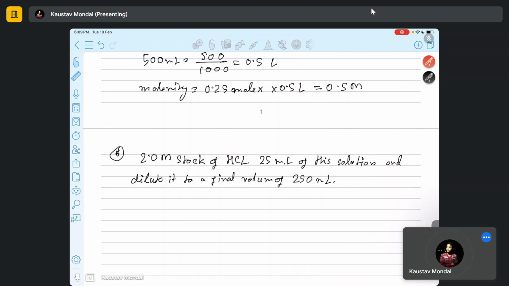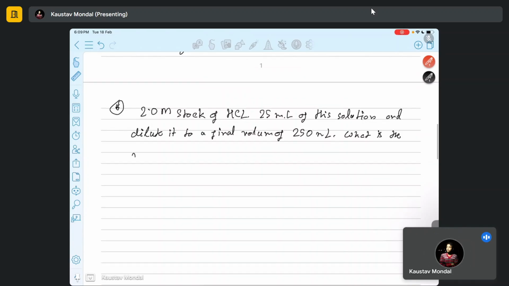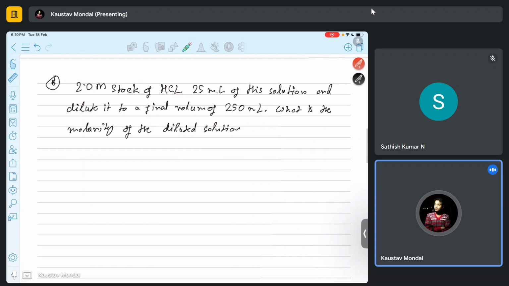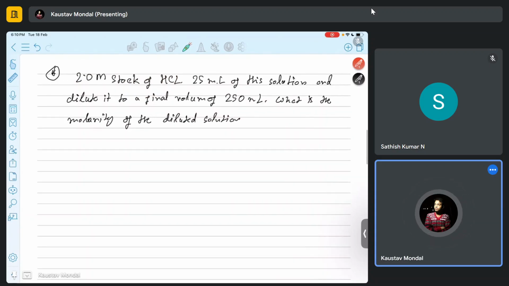Now what is the molarity of the diluted solution? So basically you first prepare a 2 m stock of HCl solution of 25 ml, and after that you mix this stock HCl solution with water to a final volume of 250 ml. Then what would be the molarity of the diluted solution?